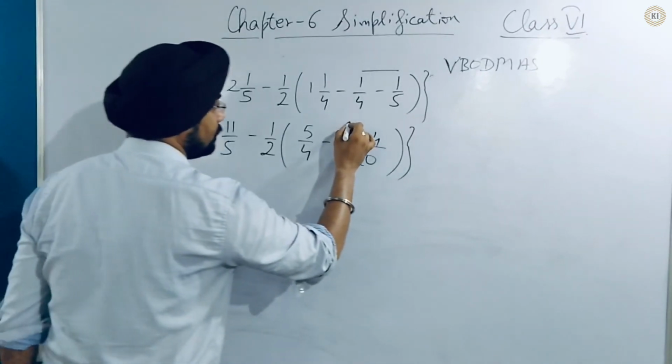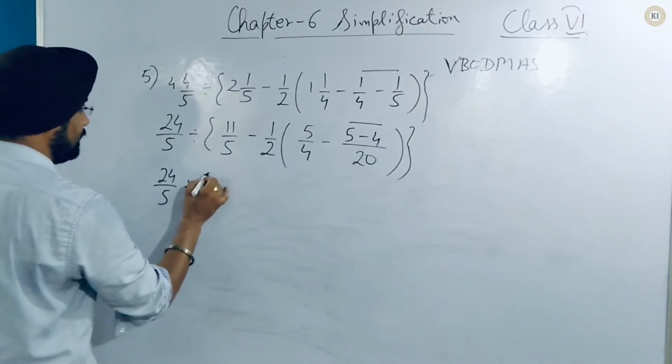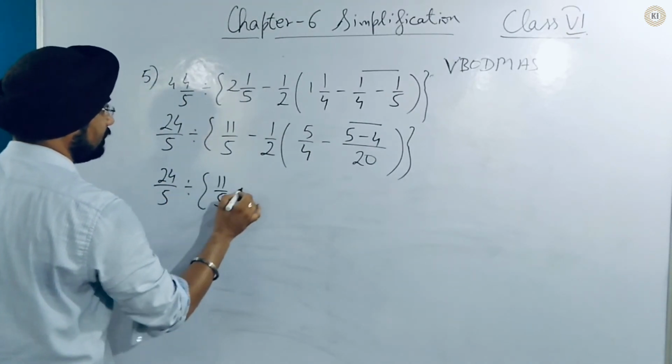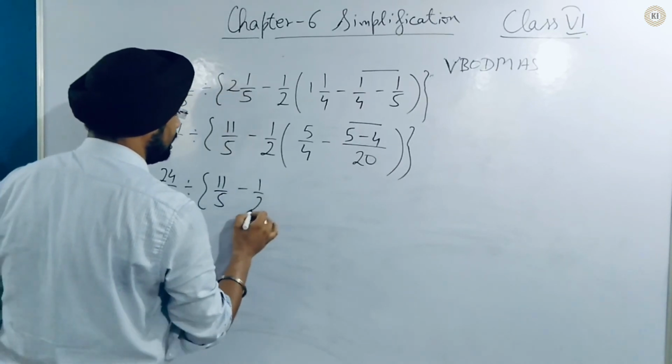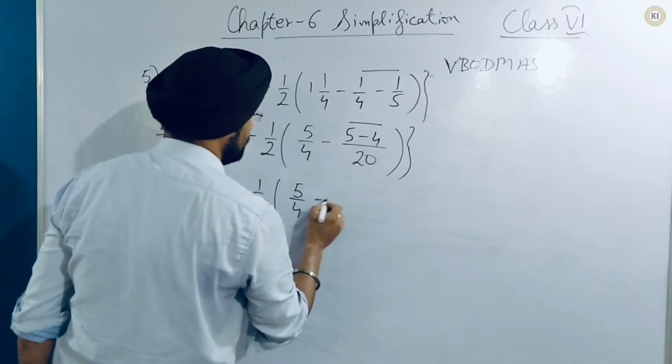This part we have solved. So 24 upon 5, divide 11 by 5 minus 1 by 2, 5 by 4, it will come minus 1 by 20.